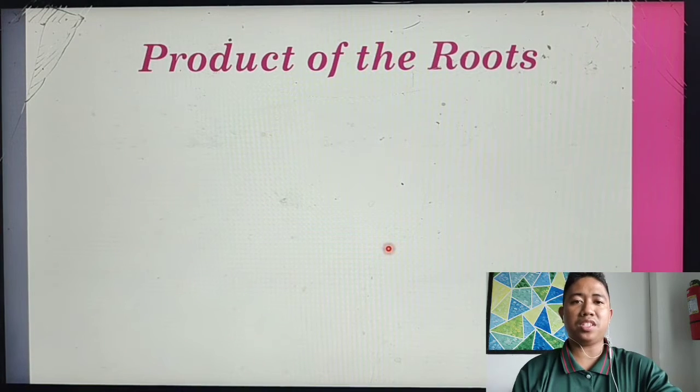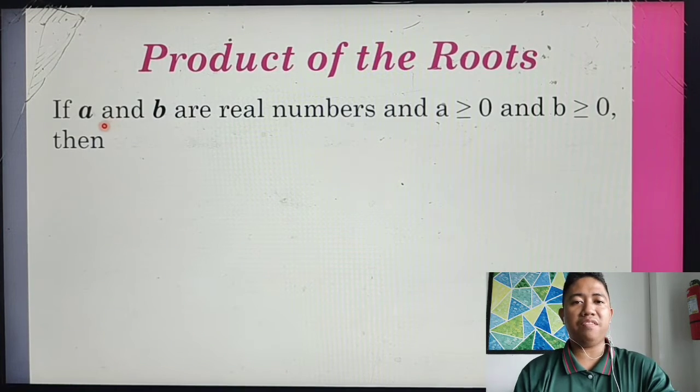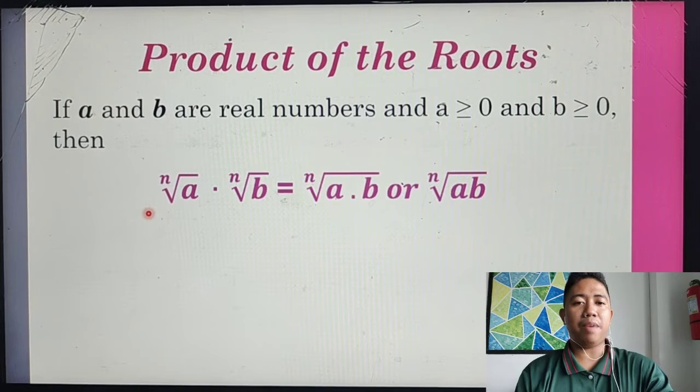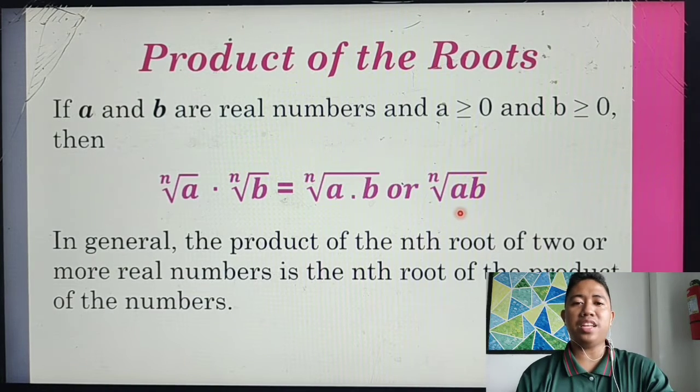The product rule for roots states: if A and B are real numbers, with A greater than or equal to 0 and B greater than or equal to 0, then the nth root of A multiplied by the nth root of B is equal to the nth root of the product of A and B. In general, the product of the principal nth roots of two or more real numbers is the nth root of the product of these numbers.